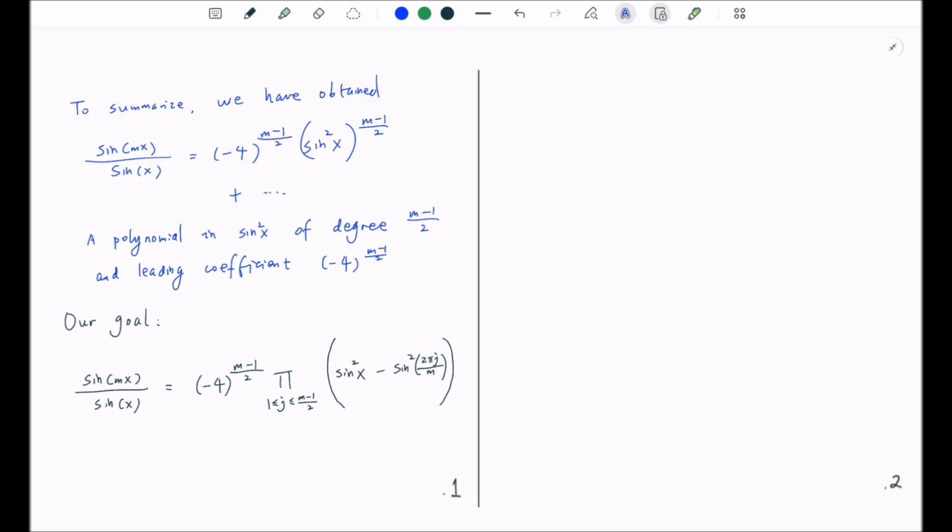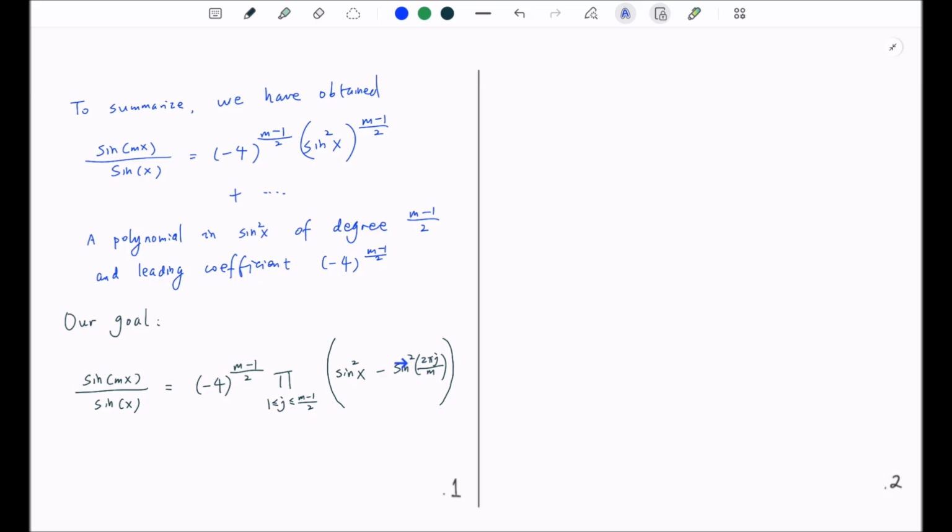Now to finish the proof of this lemma, it suffices to show that sine of mx divided by sine of x, as a polynomial in sine of x squared of degree n-1 divided by 2, has these numbers for j from 1 to n-1 divided by 2 as its roots.